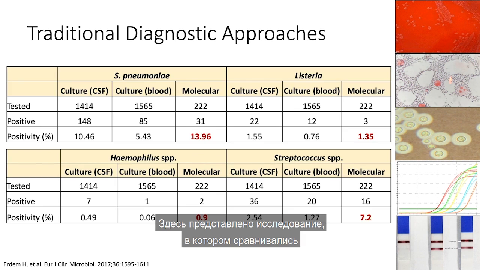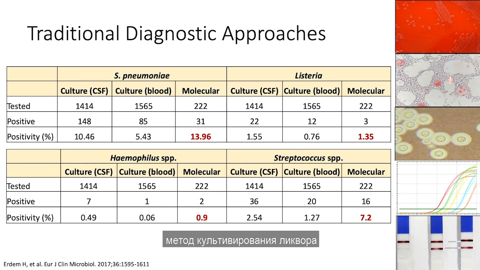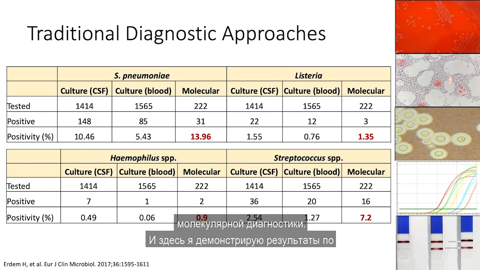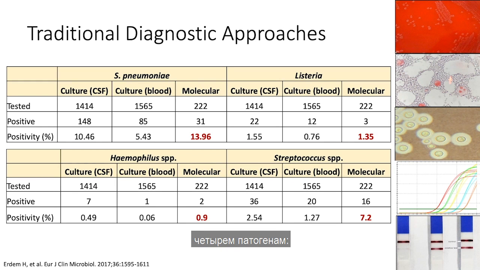This is a study that compared the culture of the CSF, culture of blood, and molecular tests for four distinct targets, Strep pneumo, Listeria, Haemophilus, and Streptococcus, which are targets that are part of the ME panel. And as you can see, even though there were only 222 samples tested by molecular compared to over 1,400 or 1,500 for CSF and blood cultures, the positivity rate was quite high compared to culture.